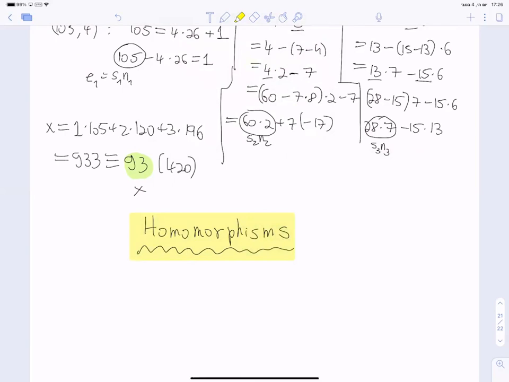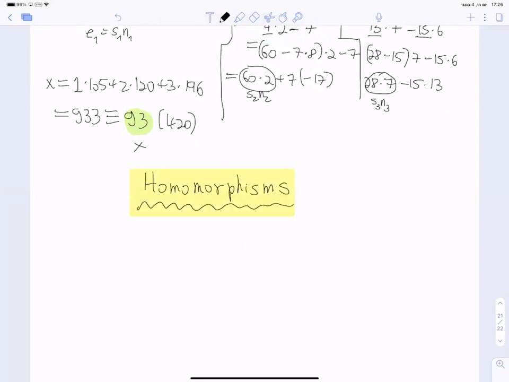So what is the homomorphism? Actually, we have been talking about operation preserving maps, but the correct name is homomorphism. It has the same structure. So what is the homomorphism definition?